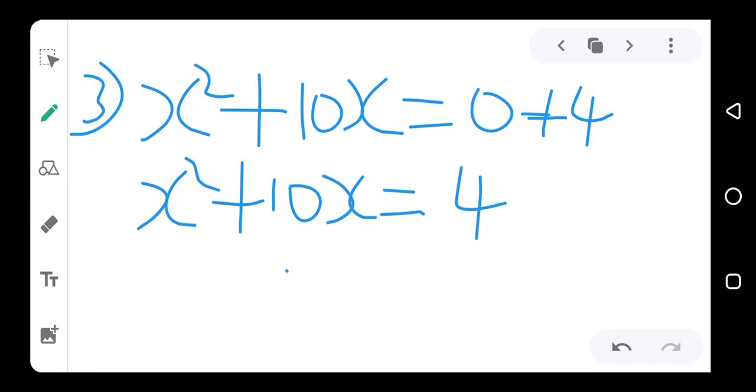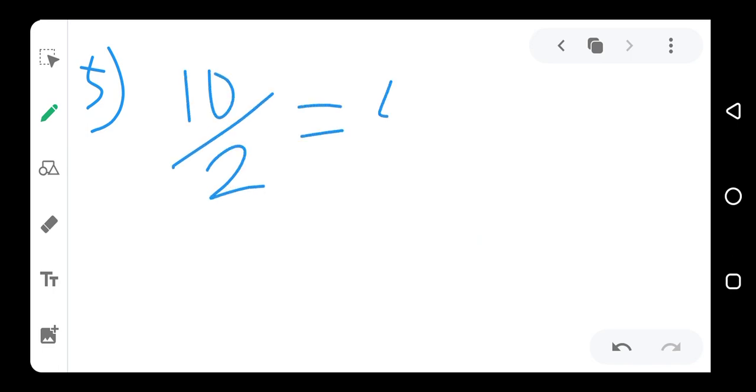Our b is 10. So we divide 10 by 2 and find the square of it. That is 10 over 2, which is equal to 5. Now we find the square of 5. The square of 5 is 5 squared.